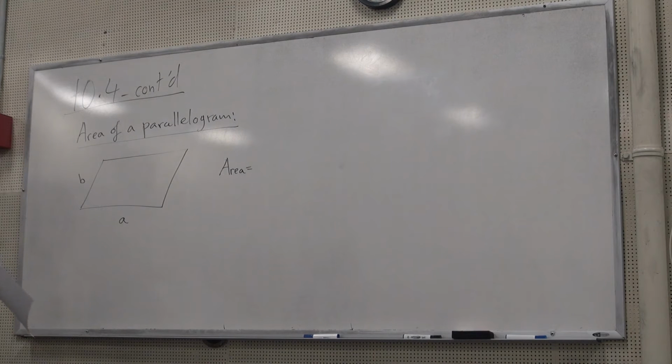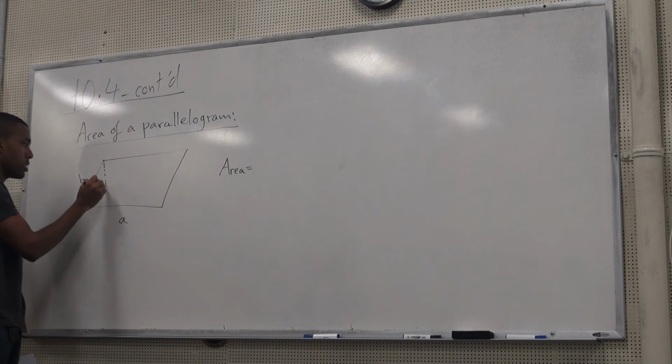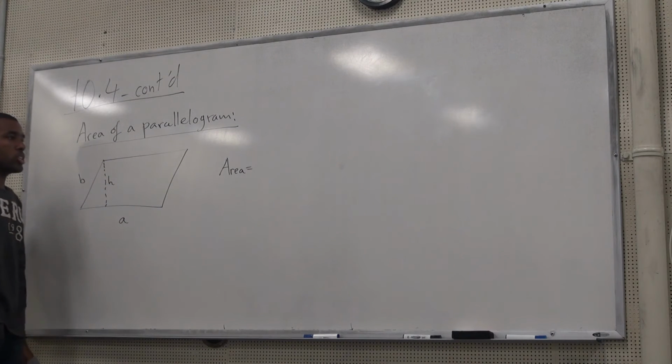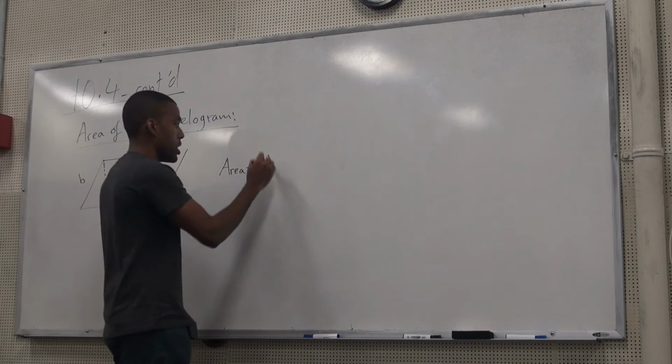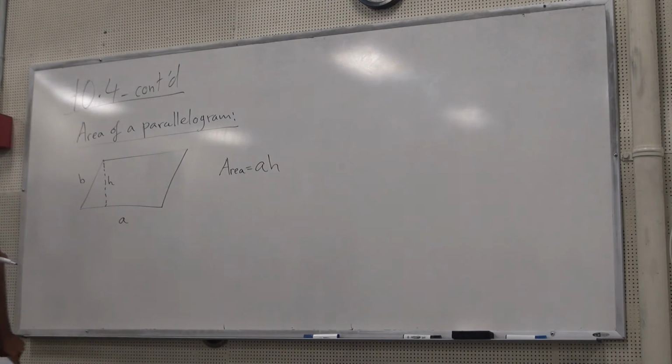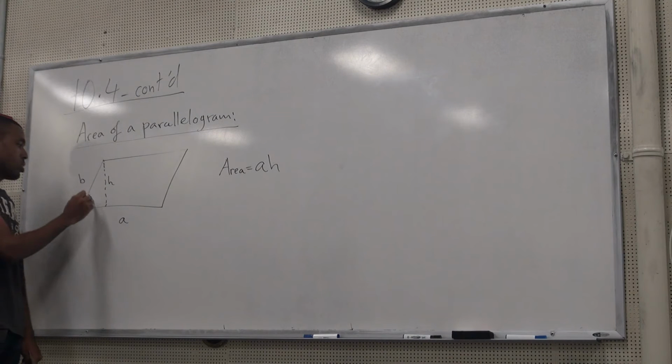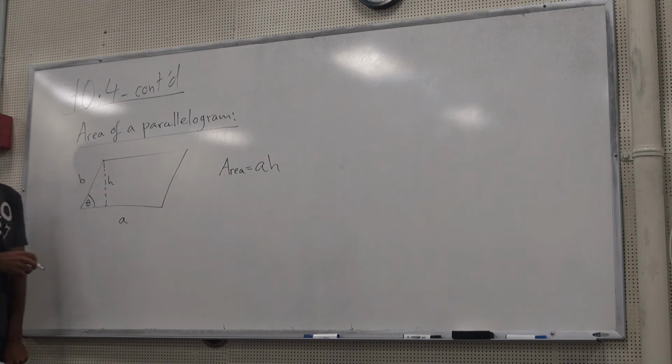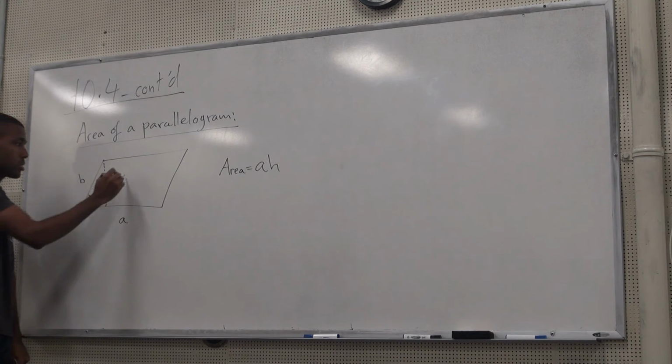The vertical height, right? So if I draw that and call it H, the area would be A times H. It's base times perpendicular height. Let's say though, I actually know this angle. What is this going to be? B sine theta.